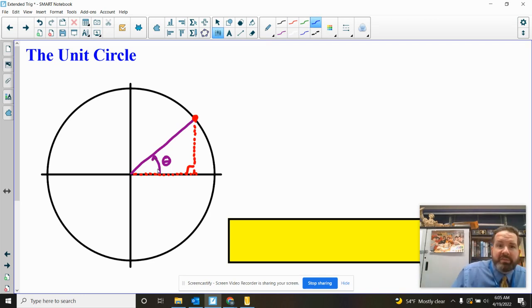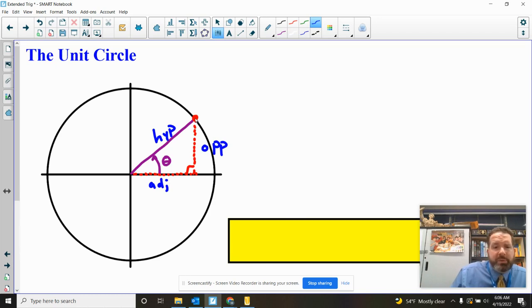So from the point of view of this angle, the hypotenuse, that's always the long side that's across from the right angle. This is my hypotenuse. From the point of view of this angle, go directly across to the opposite side. And then the remaining side that touches theta and the right angle, that is our adjacent side.